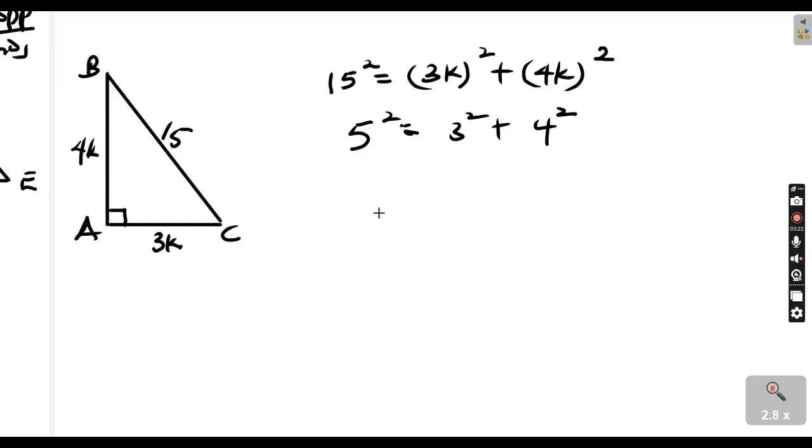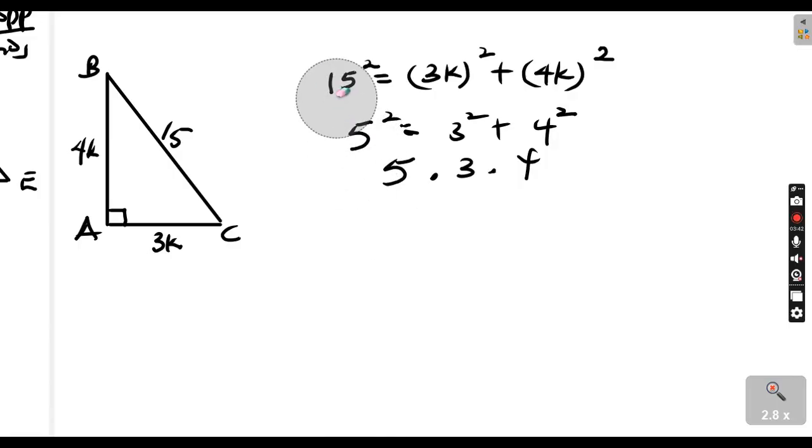This is Pythagoras triple. So we can apply this to get the actual values that are supposed to be here. Alright? So what do we do in that case? Since 5, 3, 4 is a Pythagoras triple, we just look at this.